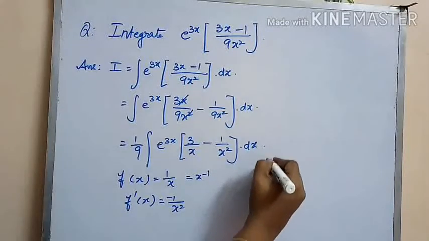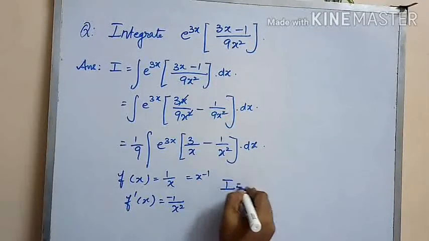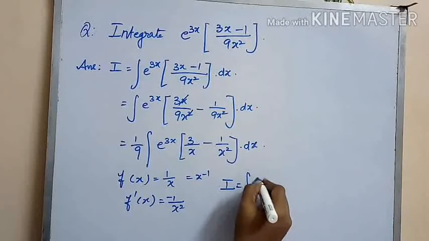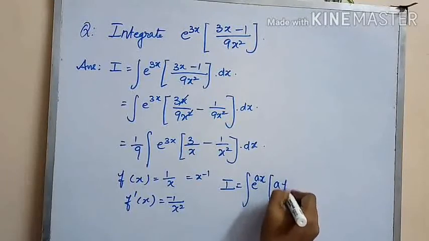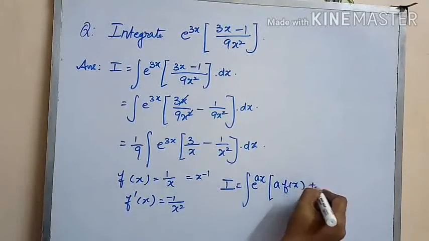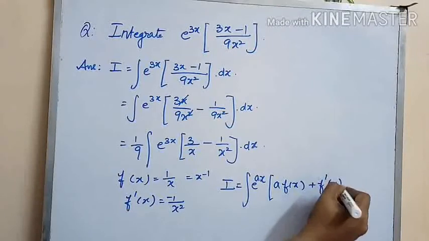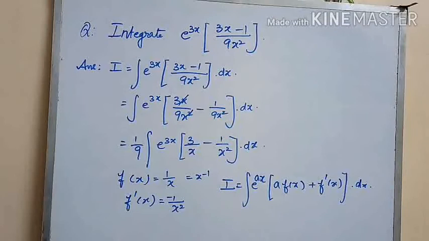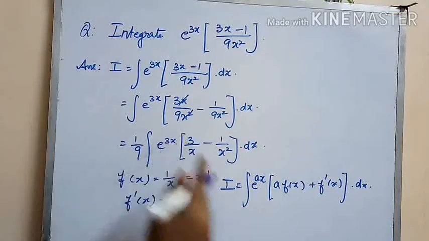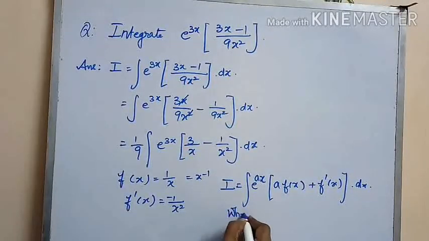So this integration is of the type integral of e to the power of ax into a f of x plus f dash of x into dx, which will give you e to the power of ax into f of x plus c. Here a is equal to 3.